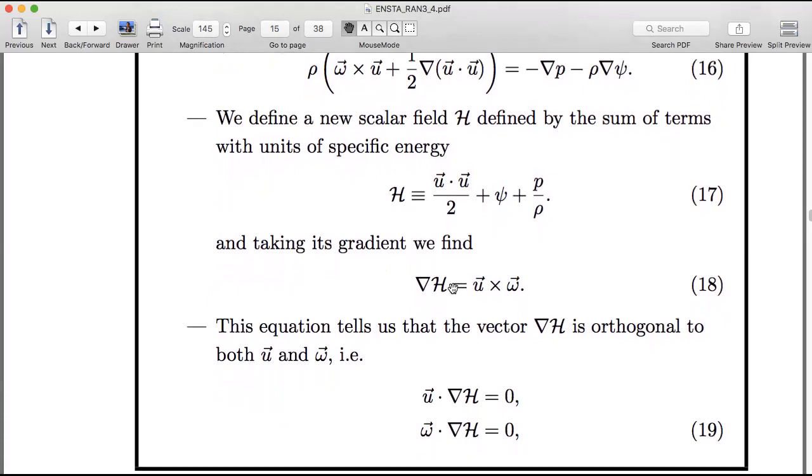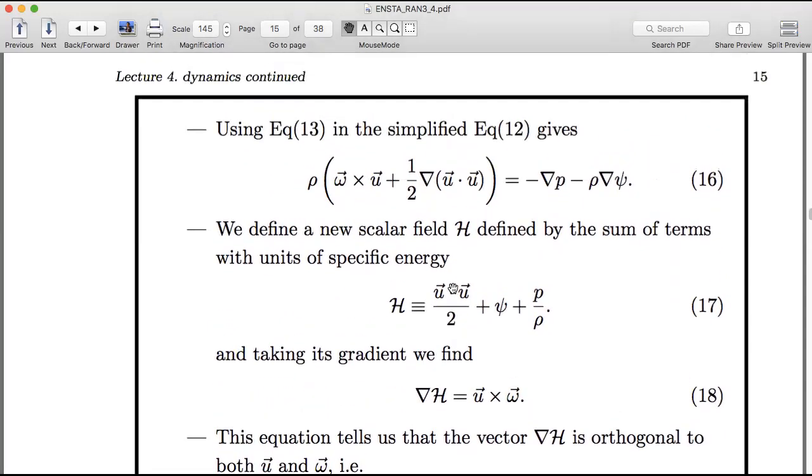Okay, now we can do some mathematical tricks on this thing and take the gradient of H. What do we mean by gradient? We mean apply this del operator.